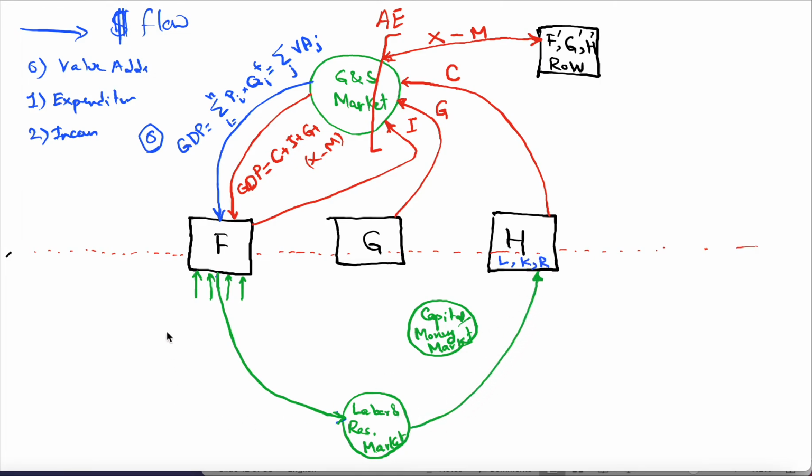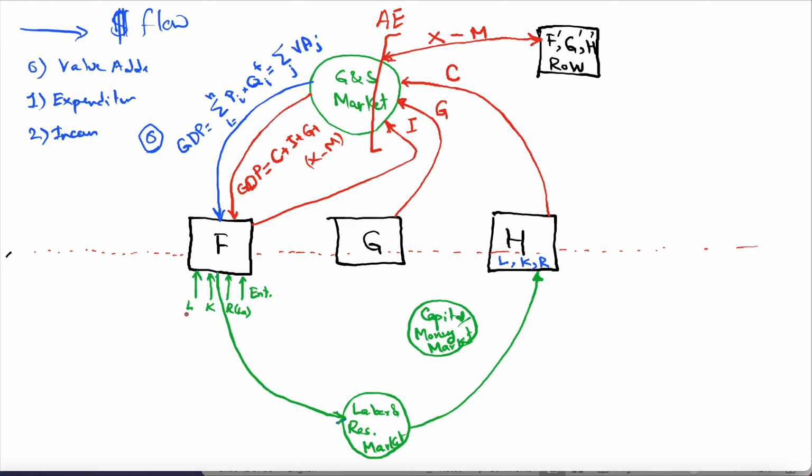Okay, so the payment to the labor, the payment to the capital, the payment to the resources or land, and the payments to the entrepreneurship. Each one has a different measure, and let me use the red here.